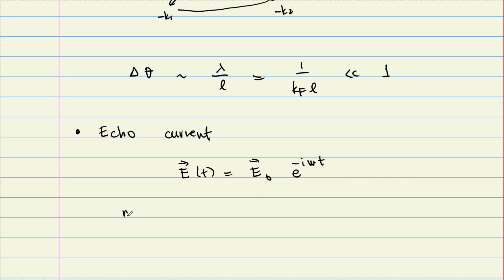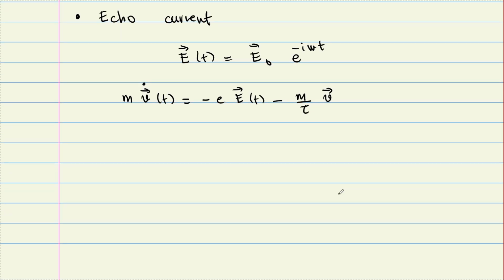And Newton's law is going to be m v dot of t equals minus e E of t minus m over tau v, and this is the drag force. I think we studied this previously. I'm going to substitute v of t equal to some v times e to the minus i omega t.